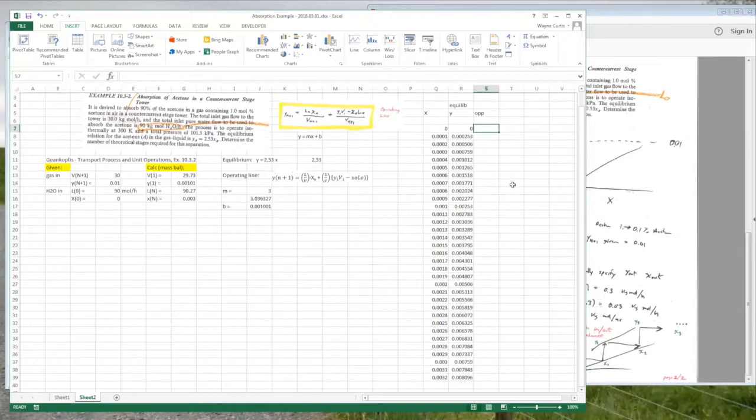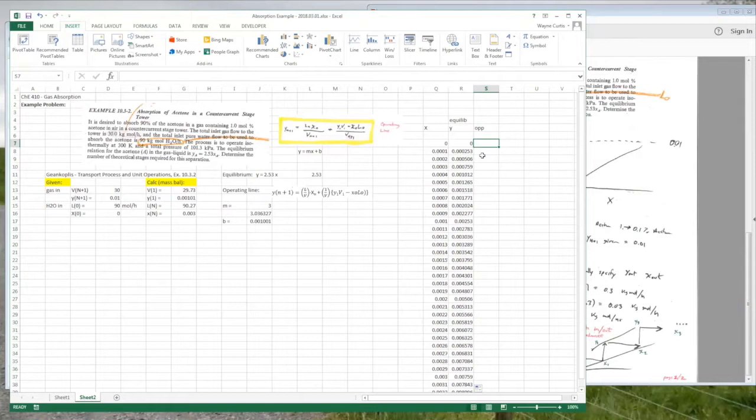The operating line is essentially almost as easy to deal with. So it's here, it's y equals m. We'll use this one to be conservative, and multiply that times the density. So I'm just simply plugging in y equals mx plus b.